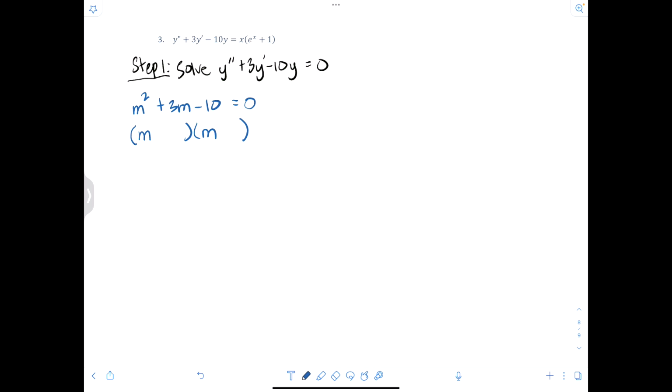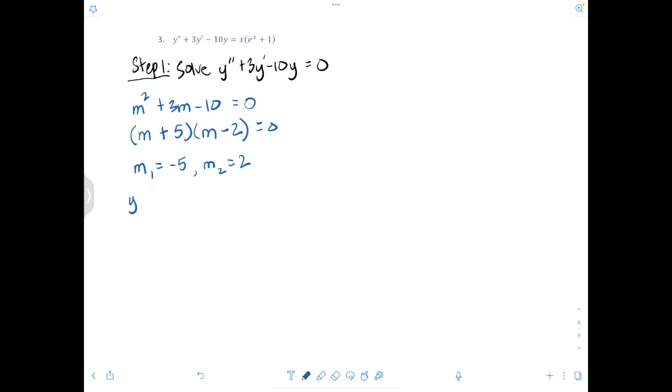And so having the 5 and the 2, I need the 2m to be negative and the 5m to be positive. So we'll get this right here. And so M1 will be negative 5, and M2 will be 2.